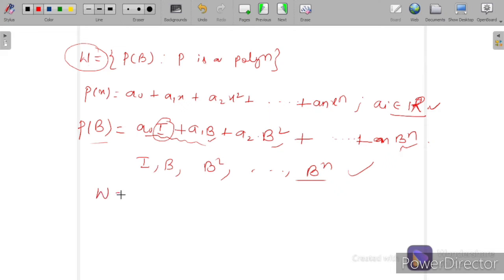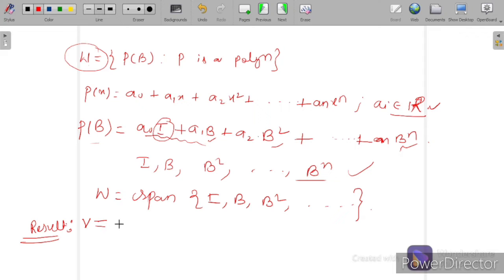That means W is a span of I, B, B square and so on. Now use the result that if vector space V is a span of I, C, C square and so on, where C is some n cross n matrix.